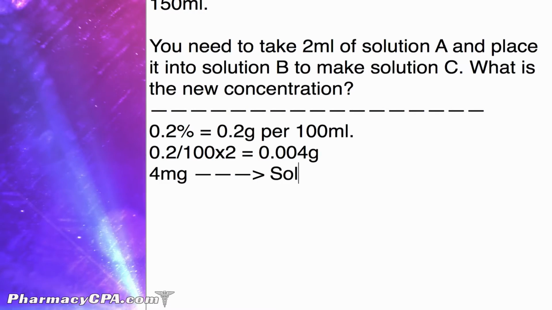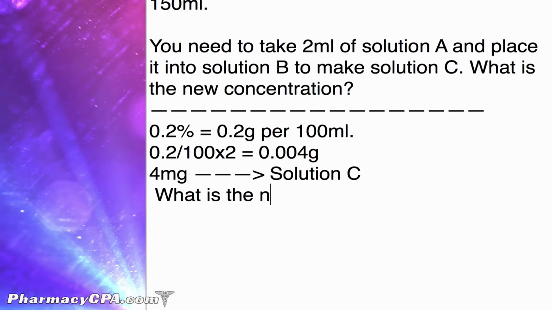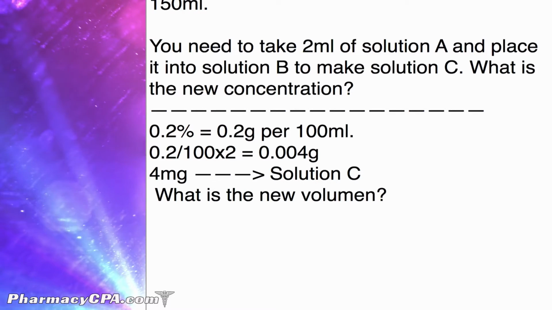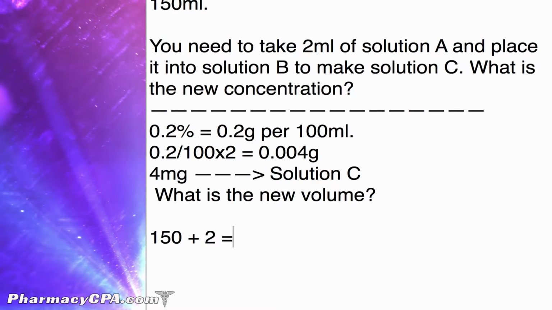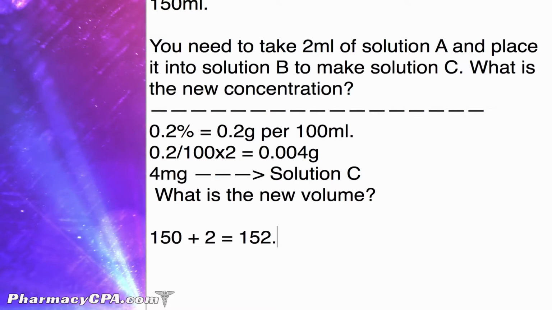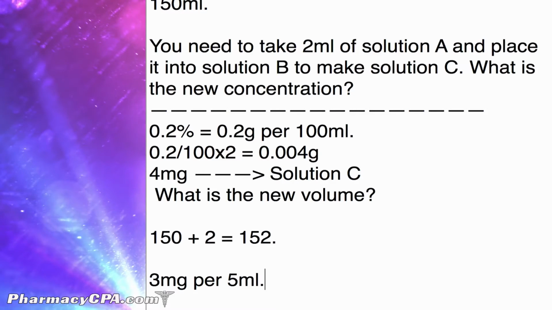So it's 4 milligrams that you're moving to solution C. So then, secondly, what is the new volume? The new volume is going to be, as you said, 150 plus 2, which is 152. Then you need to know how much mass is in solution B, which is 3 milligram per 5 mil.